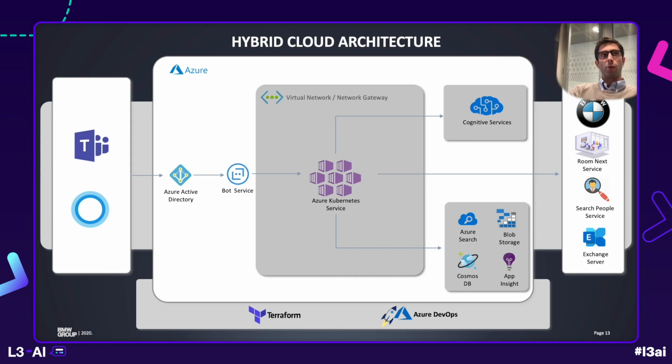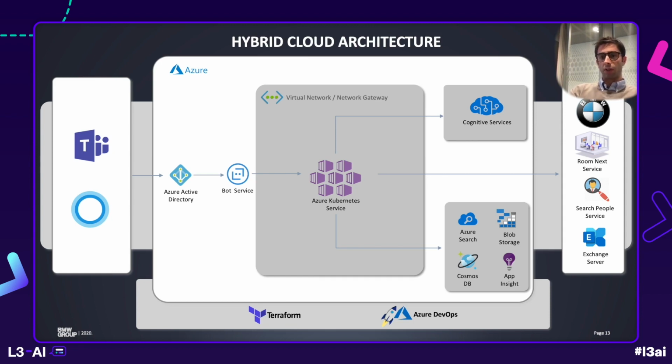And also we want to provide, as a project, an actual platform to plug in different skills, also from different departments. As you can see here, our Kubernetes cluster is connected to cognitive services such as LUIS, QnA Maker, and translation for the utterances, and Bing Spell Check, for example.